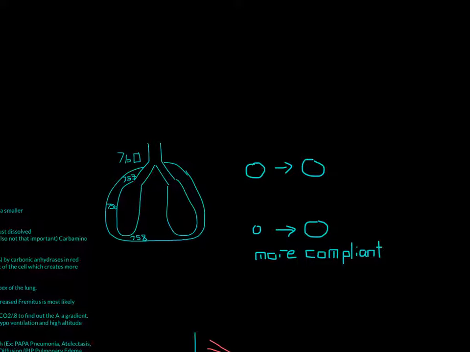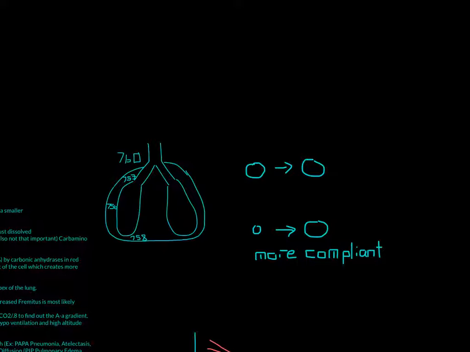When it's a smaller gradient, the alveoli will be smaller. Because of that, it allows the alveoli to expand more. Since it can expand more, it's more compliant, and therefore ventilation will be higher.